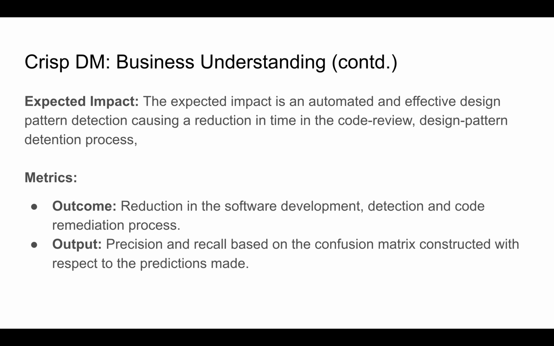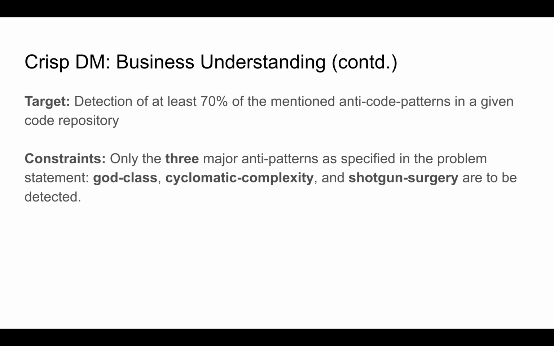What is the expected impact? The expected impact is to design a system which detects and remediates anti-patterns in an automated manner. The outcome would be a reduction in software development time and debugging time, and the output can be measured in terms of precision and recall computed from a confusion matrix, based on how effectively and accurately this system detects these anti patterns.